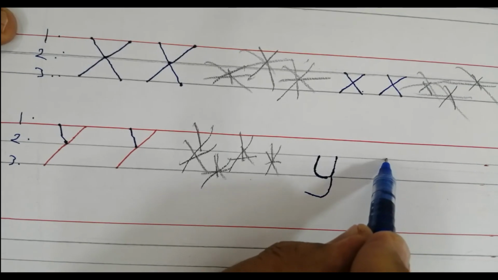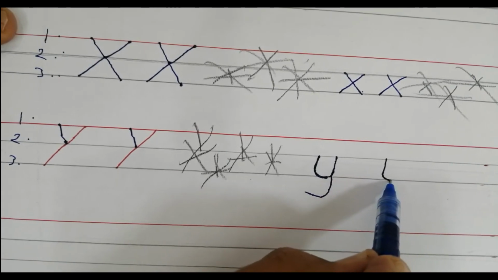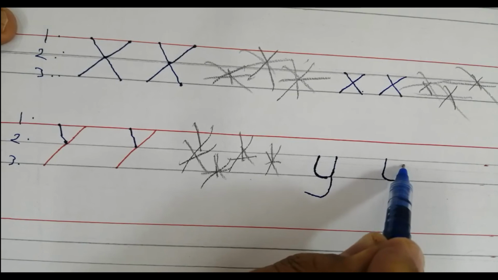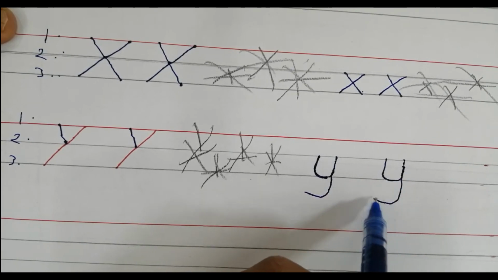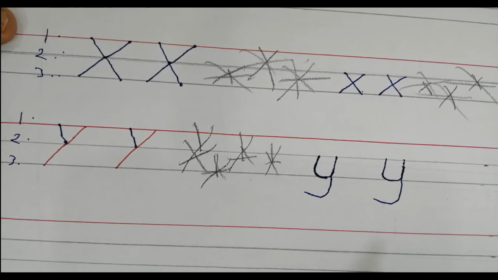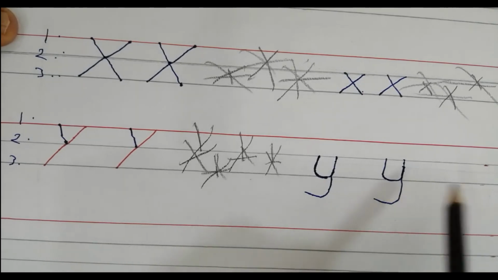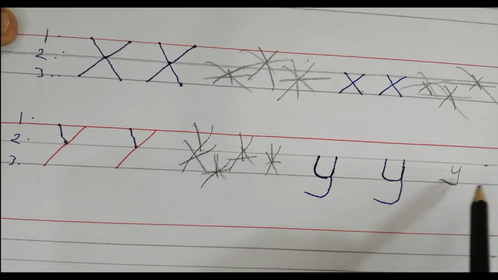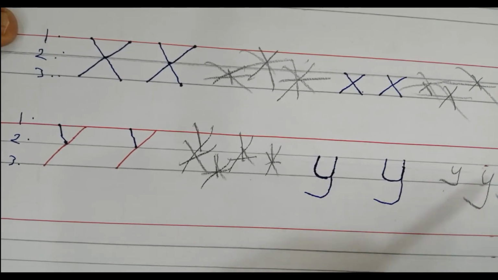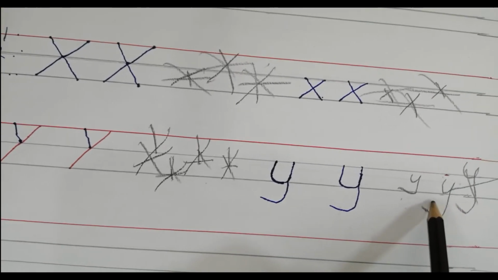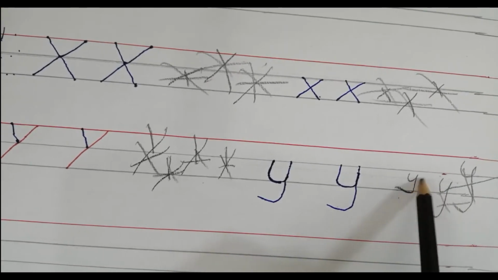Again, 2 and 3, up again to line 2 and go down to line number 3. This is a small U or small y. This is not acceptable. Not acceptable. Here, no, not acceptable. All these are not acceptable.